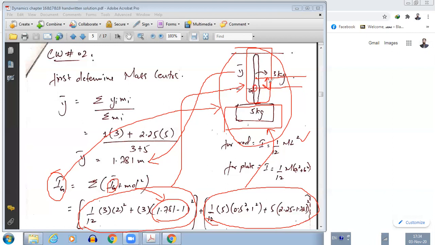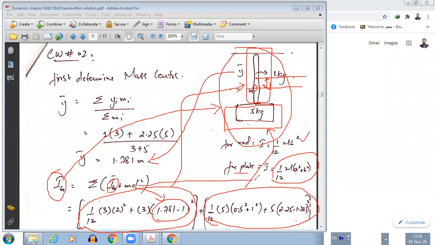Okay, so now let's see the other object, our thin plate. For the thin plate, I is equal to 1 by 12 m (a square plus b square). So 1 upon 12 mass into (0.5 square plus 1 square), because this dimension is 1 and this is 0.5, plus m, again the mass, multiplied by d.